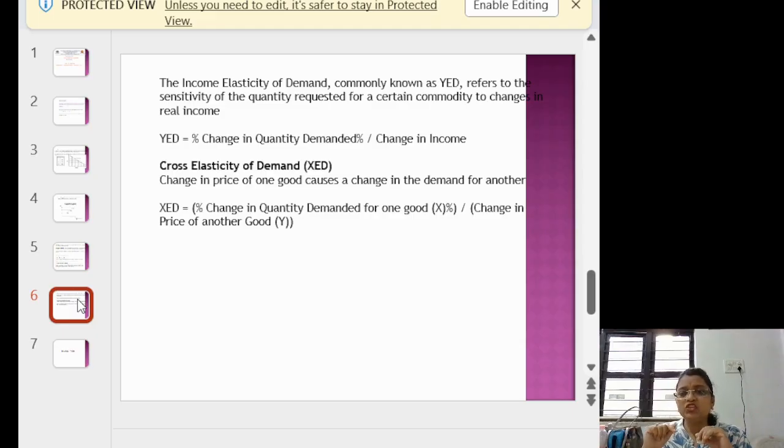Okay, the percentage change in quantity demanded for one good X, we are supposing here that good is X, to the change in price of another good, that is Y. Okay, so we take the example of Slice and Maaza. If, in comparison of both the products, Slice lowered its price and Maaza hiked its price, then obviously the demand for Slice will increase. So this change is discussed in the cross elasticity of demand.